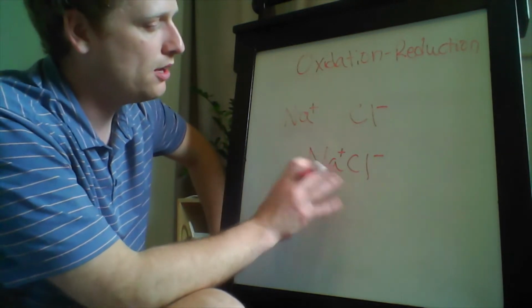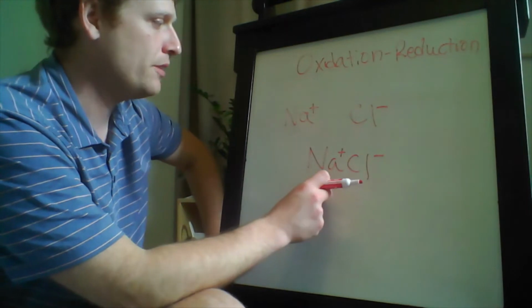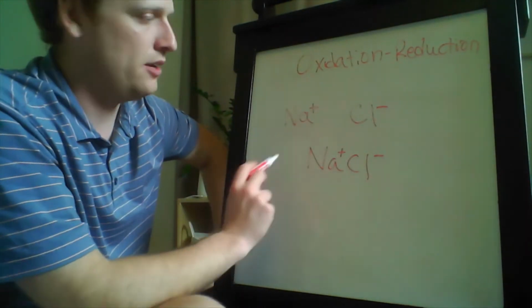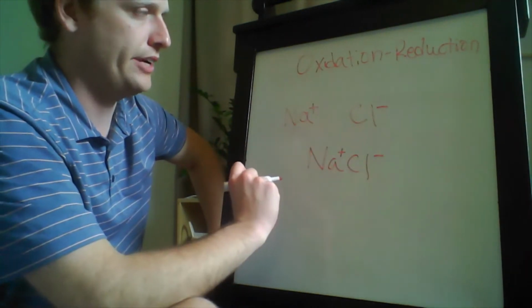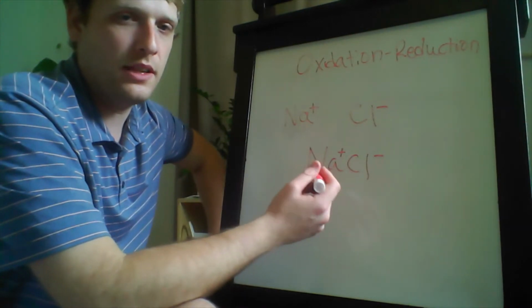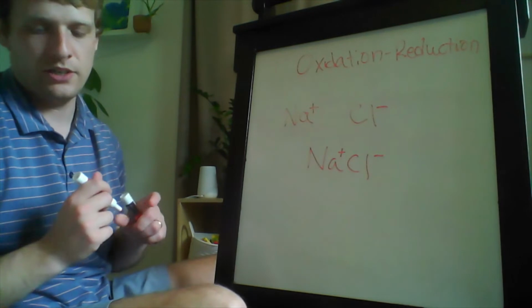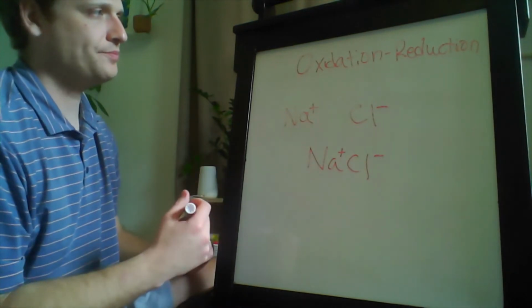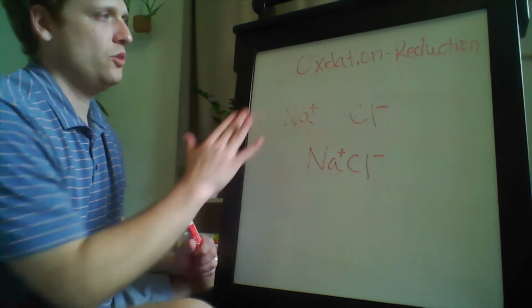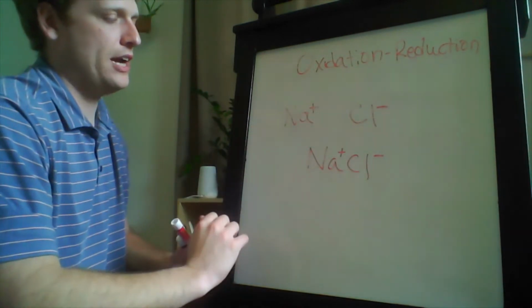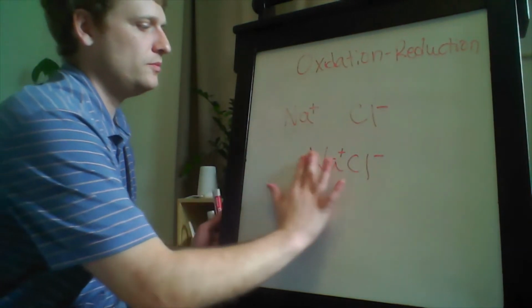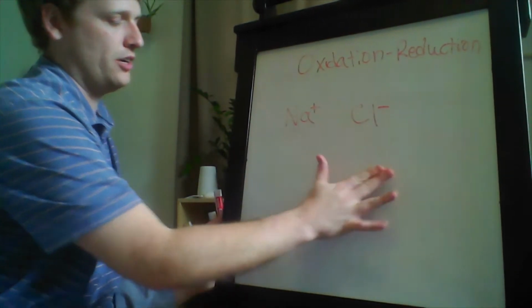But before that ionic bond is formed, there's movement of an electron from sodium to chlorine. And when those electrons move, that is an oxidation-reduction reaction. So an oxidation-reduction reaction, again, is just movement of an electron.